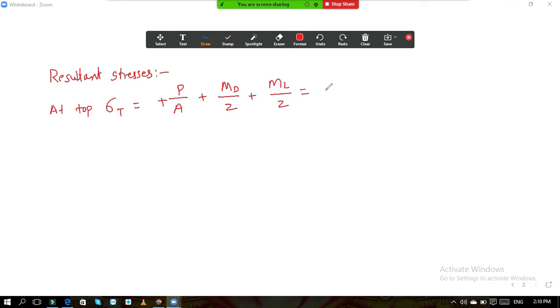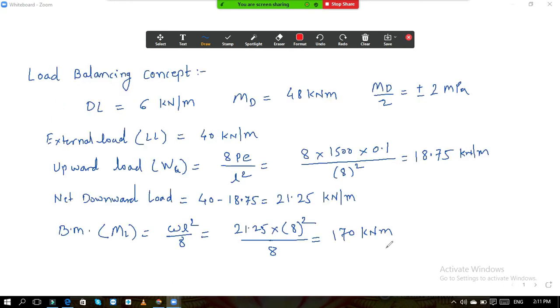So if you put the values, P by A is 6.25, plus MD by Z is 2, plus ML by Z. The ML by Z value we have not calculated here, we will calculate that. Bending stress due to external load is ML by Z plus minus, which is equal to plus minus 170 into 10 raised to 6 divided by 24 into 10 raised to 6.